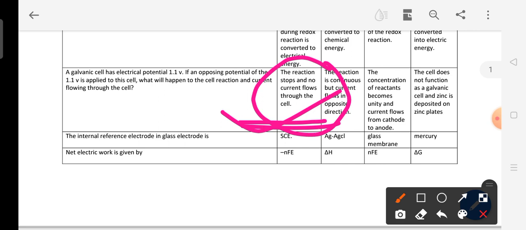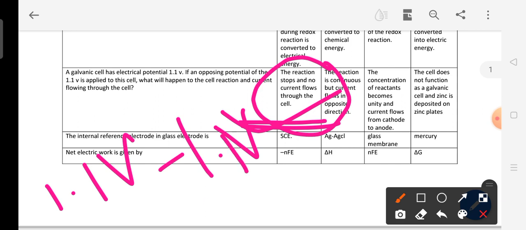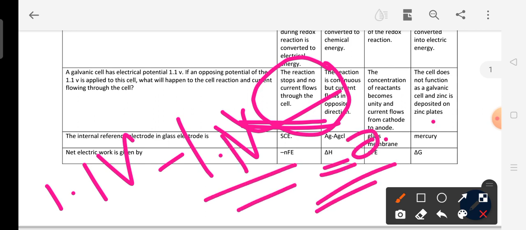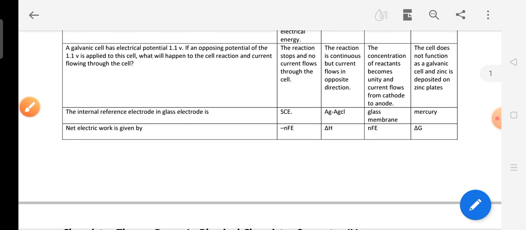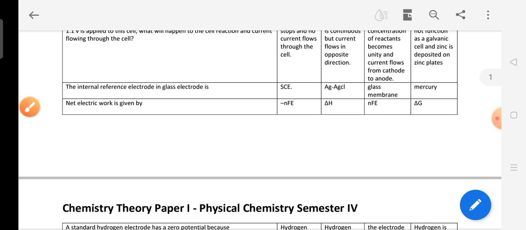This is the correct option, because when the opposite force is applied, 1.1 volt minus 1.1 volt is equal to 0. So the reaction is stopped in this situation, and there is no current flow through the cell. So option 1 is the correct answer, and we can exclude the other 3 options.